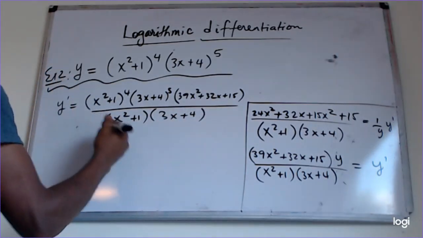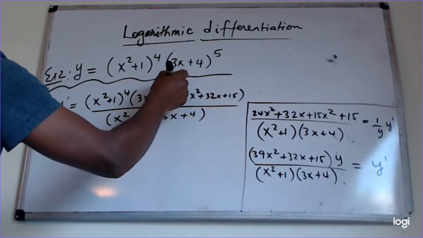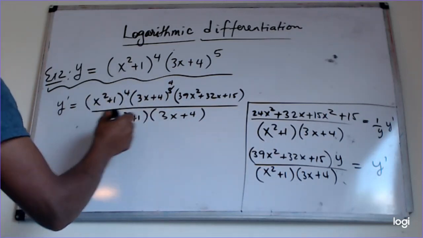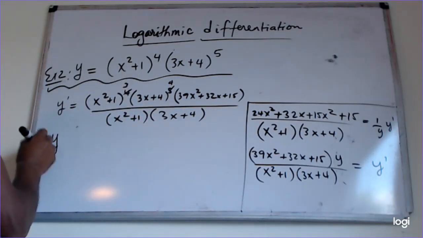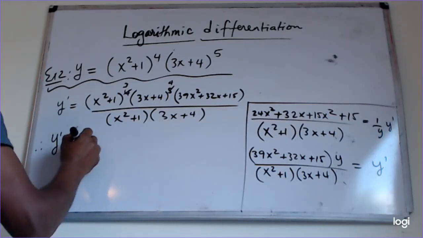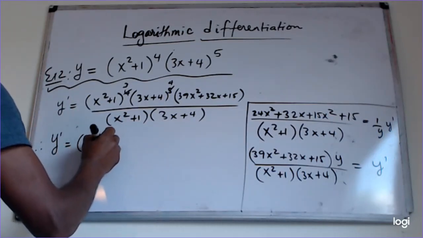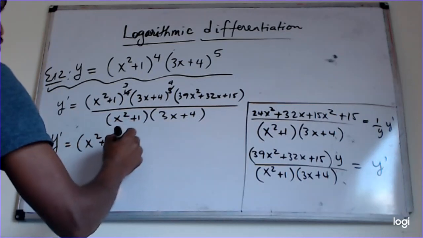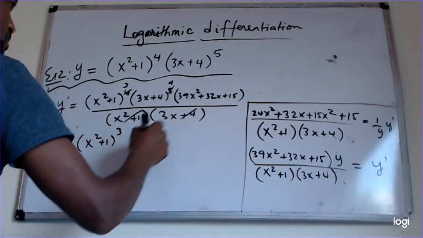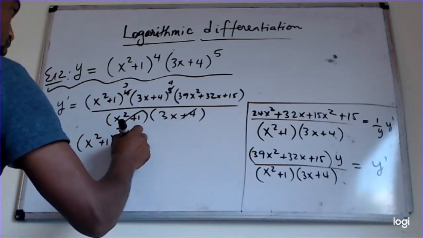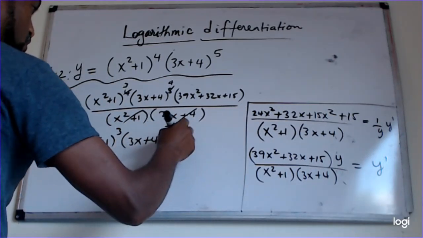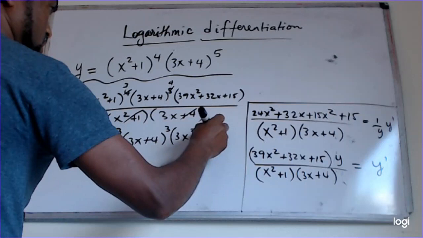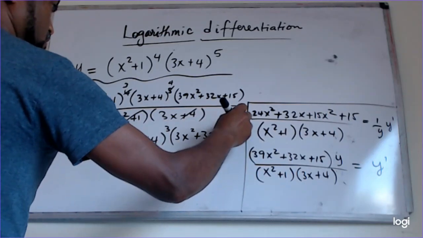Can reduce 1, this will give me 4, 1, this will give me 3. So therefore, y prime equals x squared plus 1 cubed. These guys are gone basically. 3x plus 4 cubed. And then of course 39x squared plus 32x plus 15.